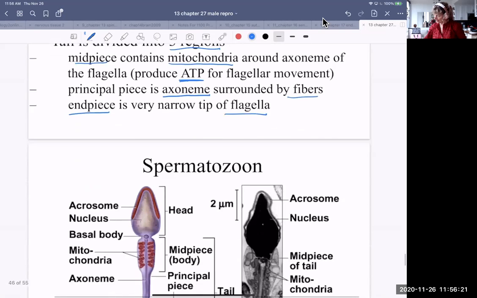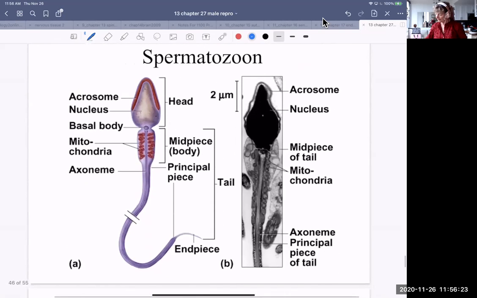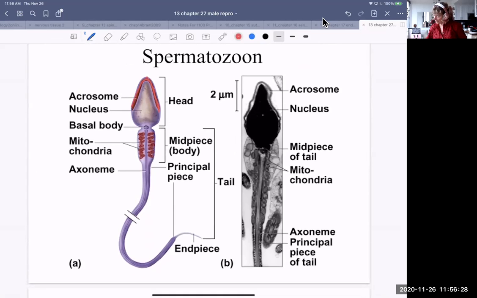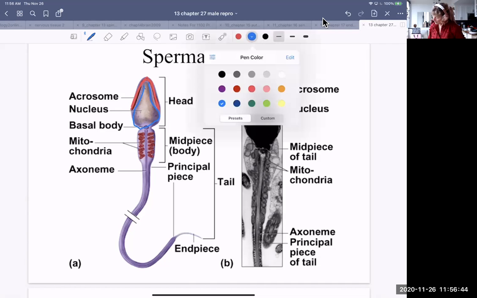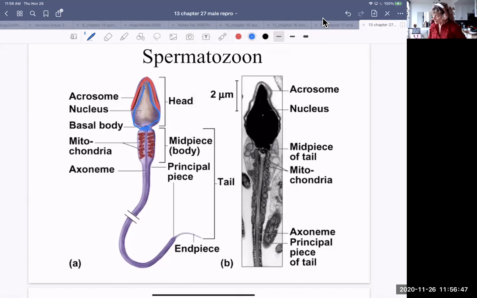So let's look at what that looks like. There's a spermatozoan. The acrosome with acrosomal enzymes that will be very instrumental in the end of getting into the egg. The nucleus, look at how large the nucleus is compared to the rest of the cell. Now the nucleus pretty much takes up the rest of the cell. The basal body provides the initial movement of the flagellum.